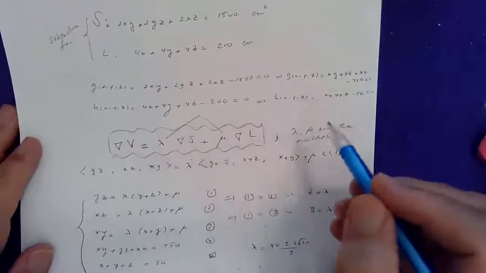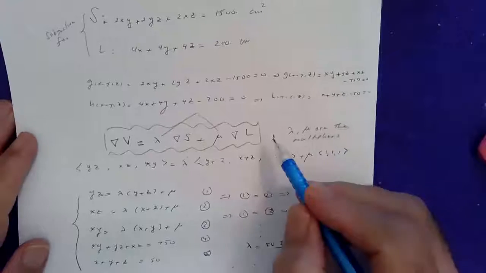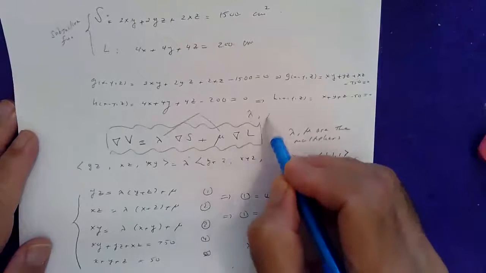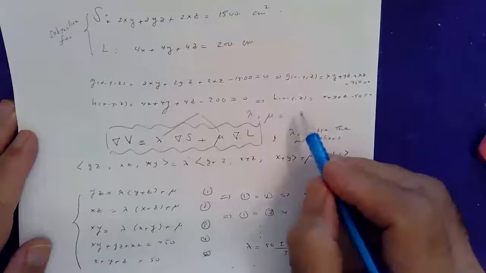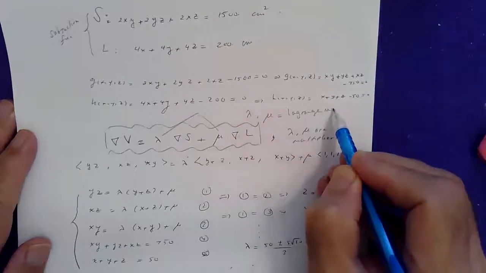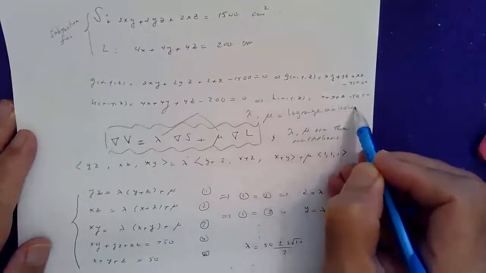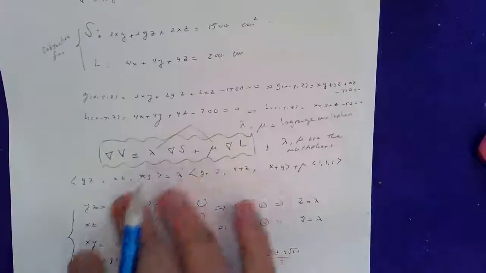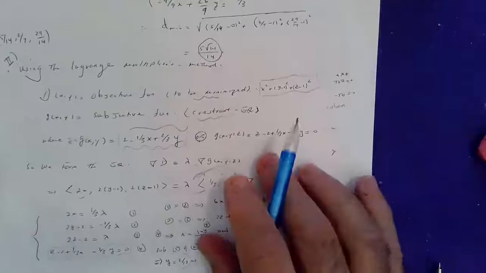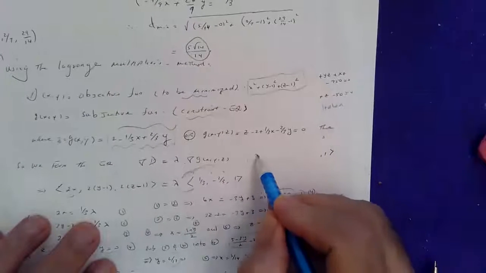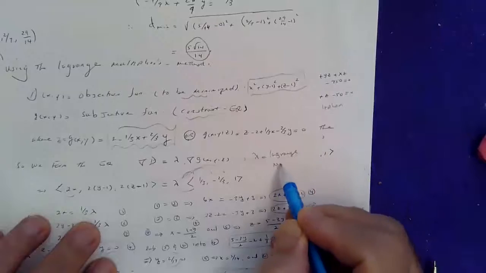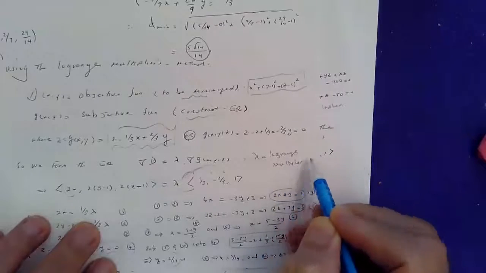Incidentally, I kind of forgot to mention lambda, and in this case mu, are called Lagrange multipliers. Whereas here lambda was called Lagrange multiplier.